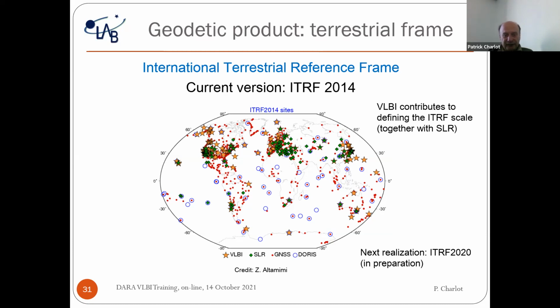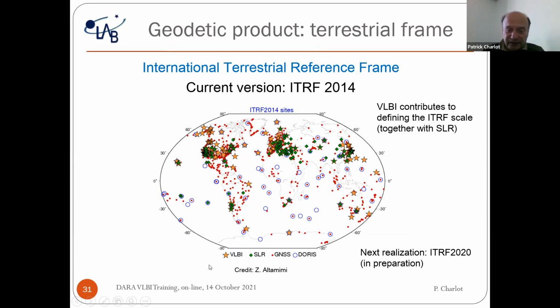So the ITRF gives you positions of all geodetic stations on the Earth. So this is in X, Y, Z coordinates with respect to the center of the Earth. This map shows all the sites for which you have positions, including SLR, GNSS, DORIS, and the VLBI.